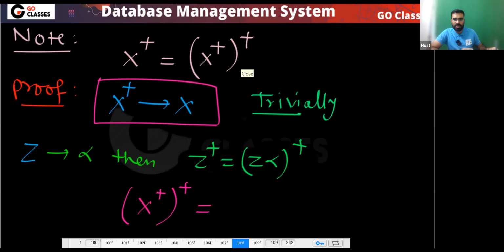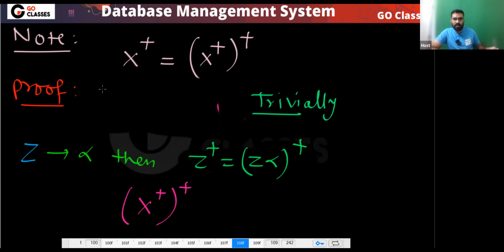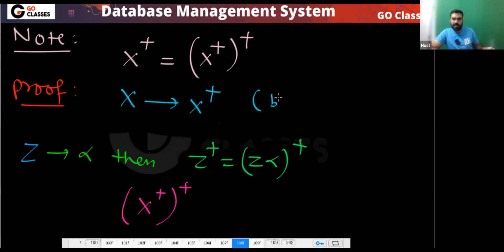The other direction was correct. The reverse direction was actually the correct way of proving it, that x can determine x closure, by definition of closure.